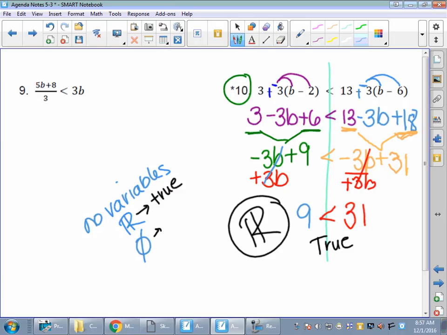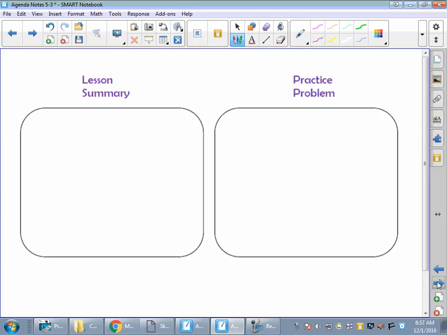No solution would be false. If it was opposite, if it said 9 is greater than 31, that is not true, so we would have no solution for that one. So lots of reviewing from solving equations and then just adding that extra inequality. We didn't do any examples where we had to flip the inequality, so we'll make sure we do some in class when we talk about this.